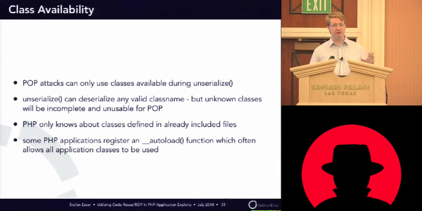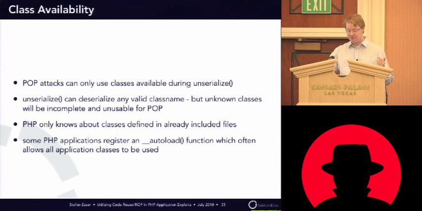So this is not usable. Basically this means you can only use classes for your attack that are already included at the moment of the unserialize. This limits very much the amount of classes you can use for the attack.